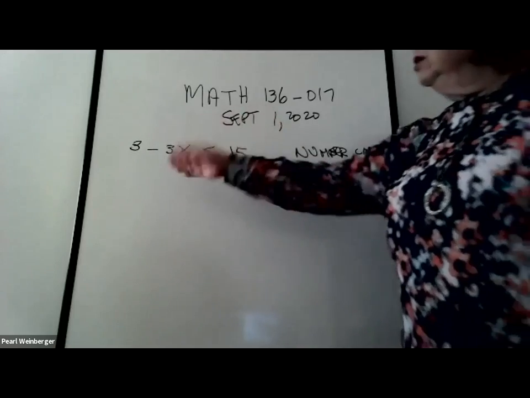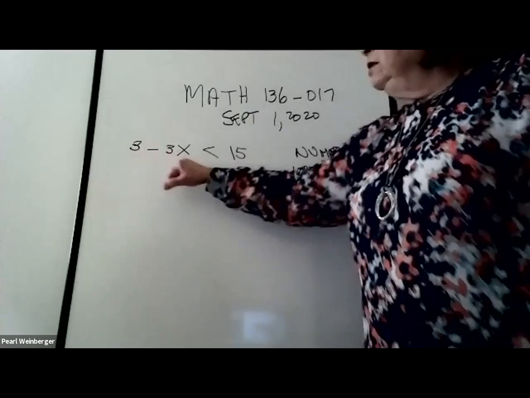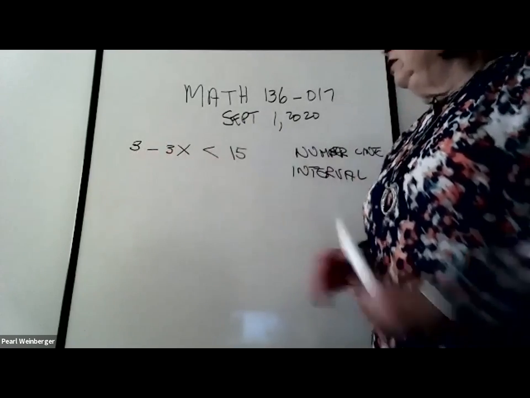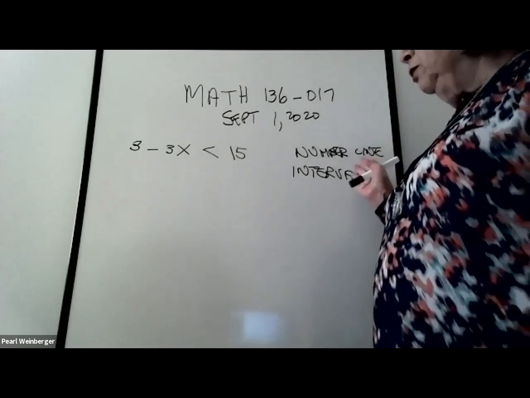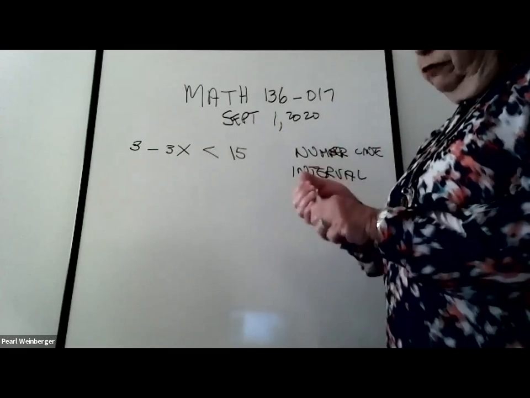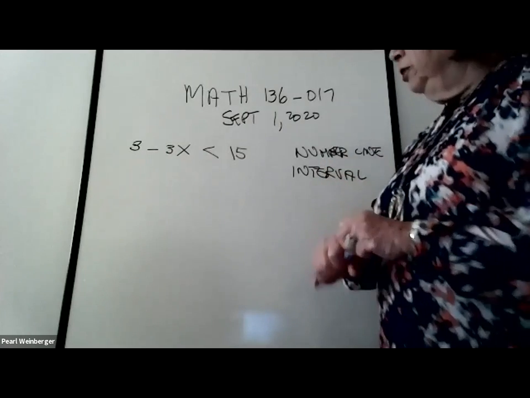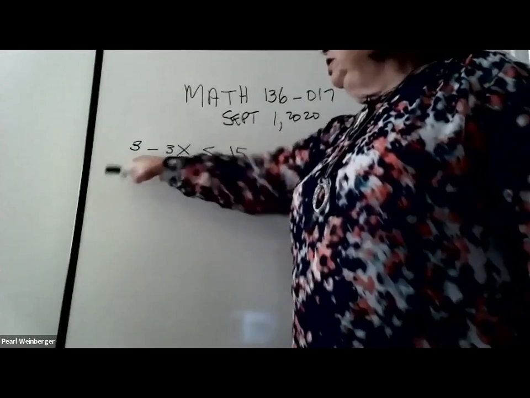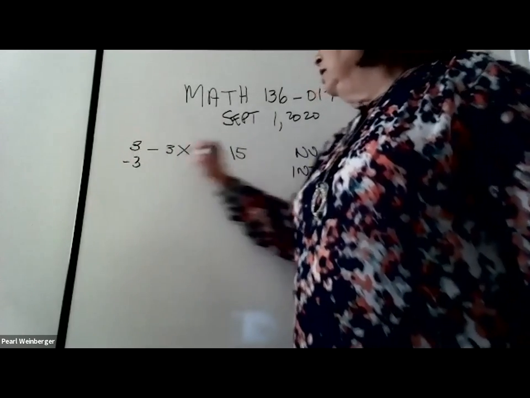Okay, so our question that we're dealing with is 3 minus 3x is less than 15, and we want to solve it, put the answer on the number line, and also write it in interval notation. This is a review of what we had done on Thursday. So just like in an equation, the first thing we're going to do is isolate our x.